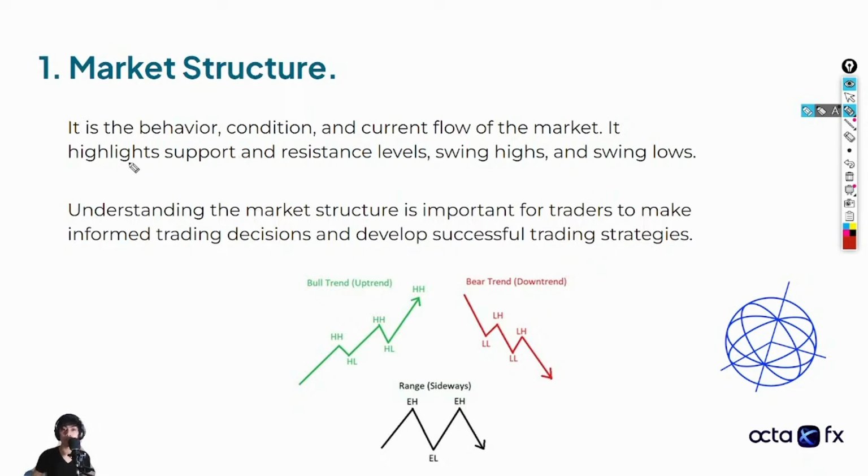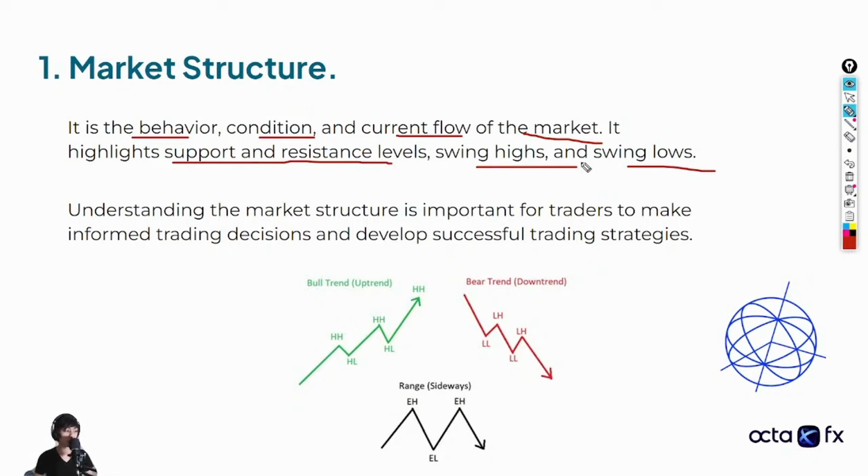Okay, so let's start our webinar today by discussing the market structure. Market structure is the behavior, condition, and current flow of the market. It highlights support and resistance levels, swing highs, and swing lows. This is very important. Every time that you are trading, just look for swing highs and swing lows.